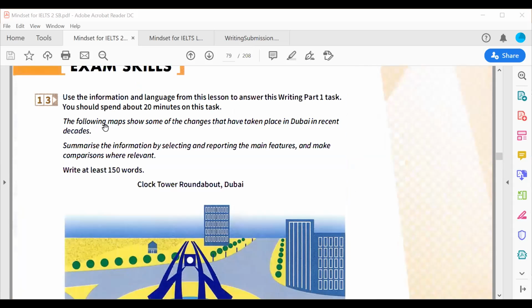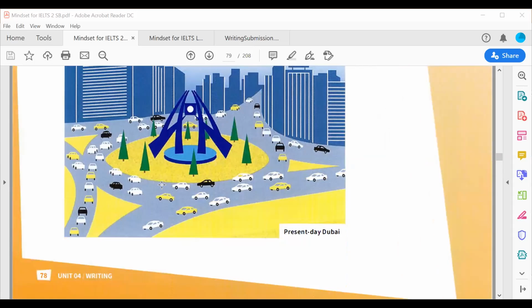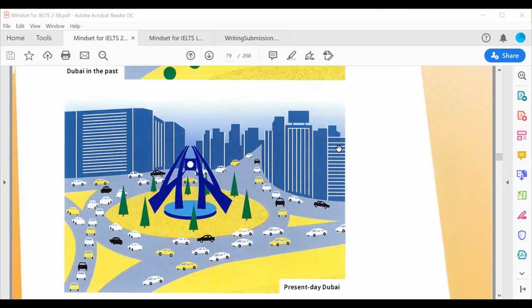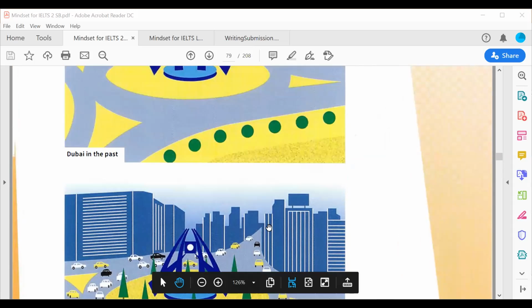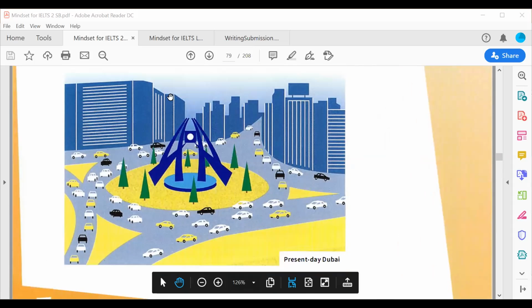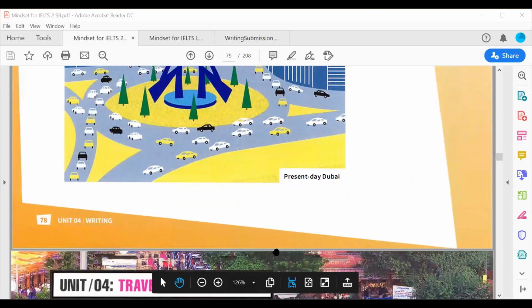It says that the following maps show some of the changes that have taken place in Dubai in recent decades. So this is Dubai, and just a few apartments and a few buildings have been added, and then cars. So it's pretty easy. Try to write this one.